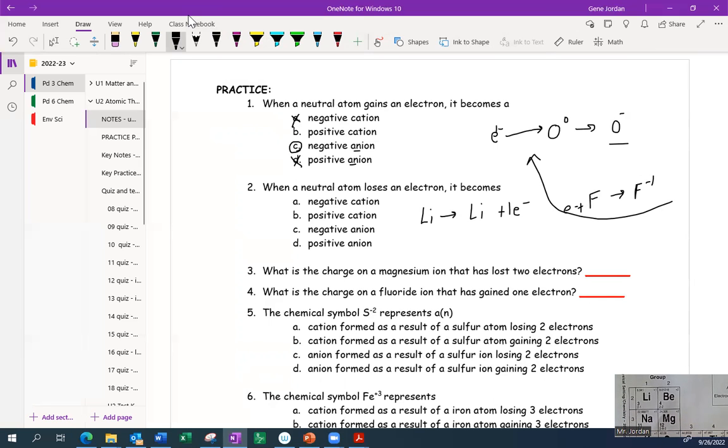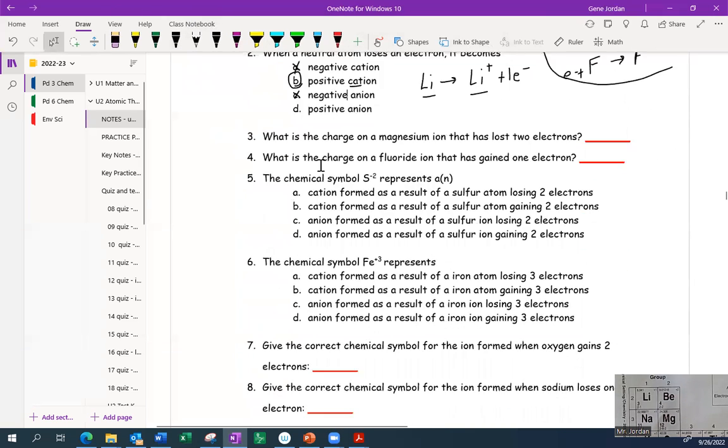So what it does is it automatically loses an electron, and to stay balanced, you'll notice lithium carries a positive charge once it loses an electron. So what does this atom become? It was a neutral atom, lost an electron, now it's positive. So it's B or D. It's definitely positive, and then you just have to recognize cation means positive.